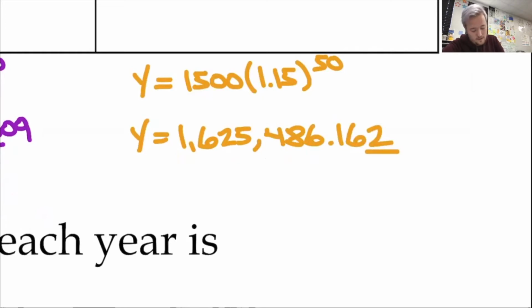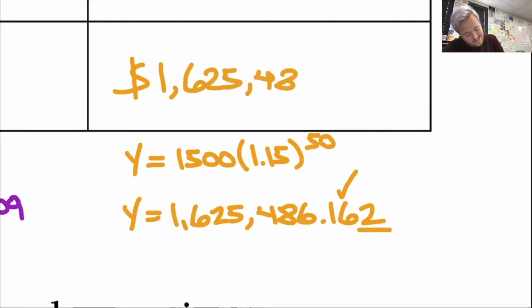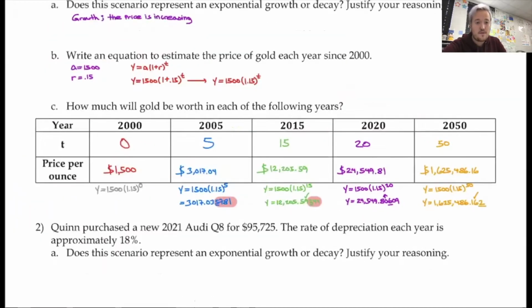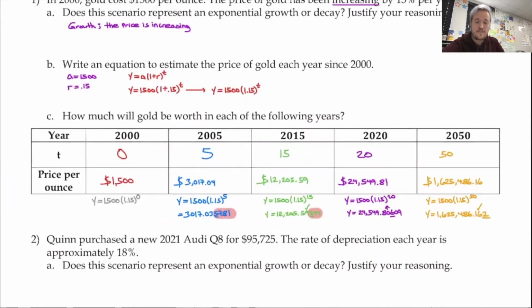Because we have a 2 here, the 6 just stays. So after 50 years, the price of gold per ounce will be $1,625,486.16. So this is if I'm doing it by hand. It's not terribly bad, it's just not very convenient. Now I'm going to show you how to do this on the Casio.